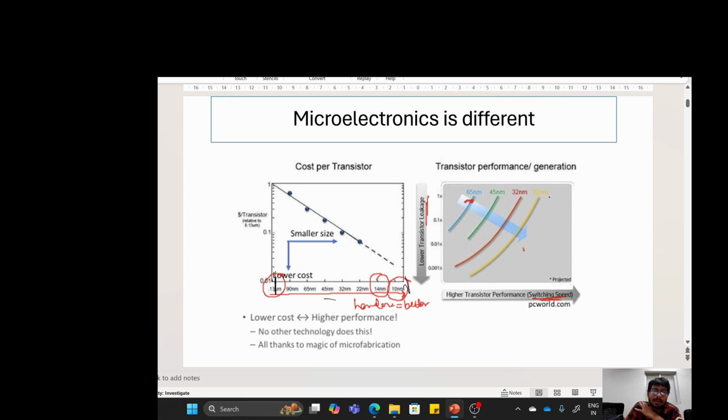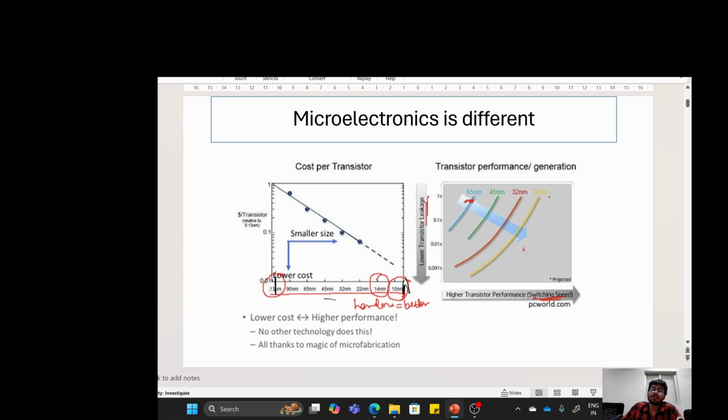From a very large size to a very small size transistor, the cost per transistor is decreasing, but you need a lot of transistors. There are billions of transistors in a single chip.